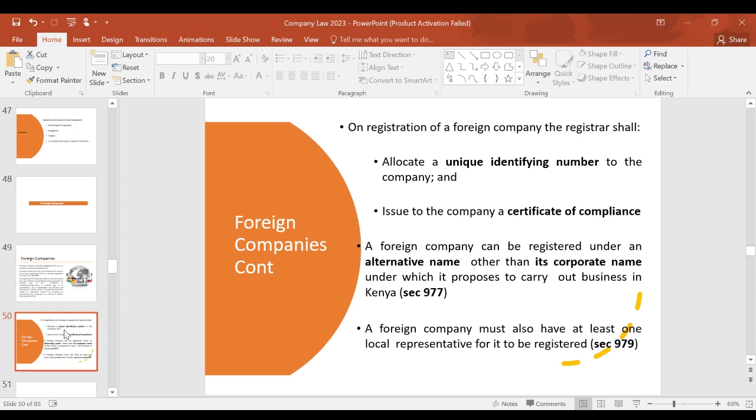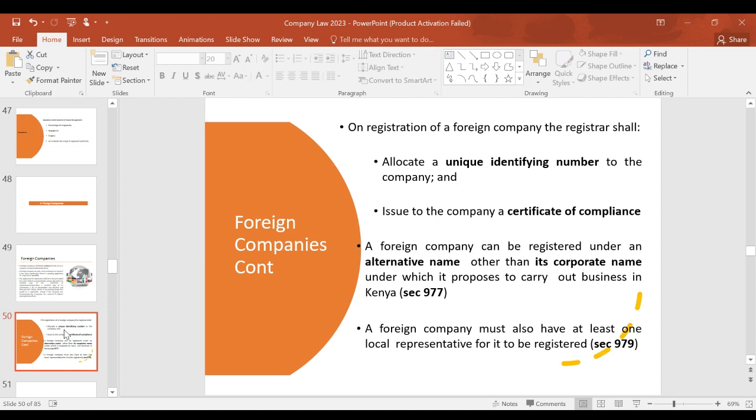Let's say, for example, you can have Diageo UK PLC, and then you may have Diageo Kenya Limited as an agent company or the same foreign company, but now registered under a slightly different name from the one registered in a different jurisdiction.